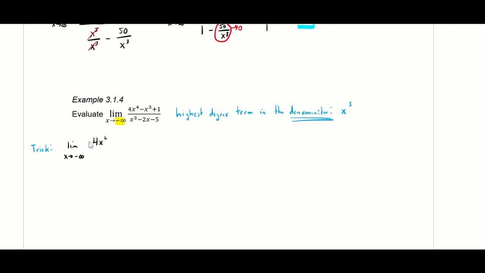So 4x to the fourth minus x cubed plus 1 divided by x cubed minus 2x minus 5. And we're dividing both the numerator and the denominator by x cubed.